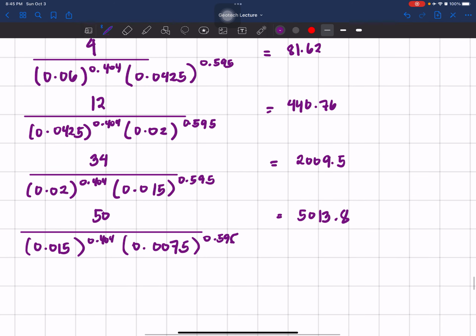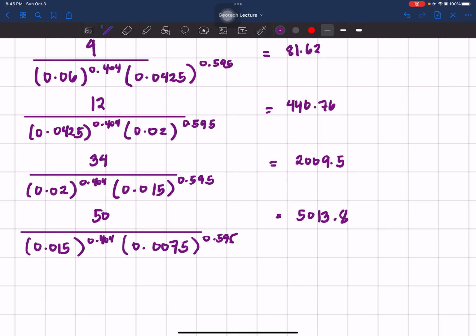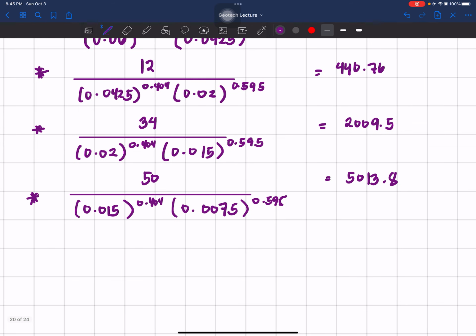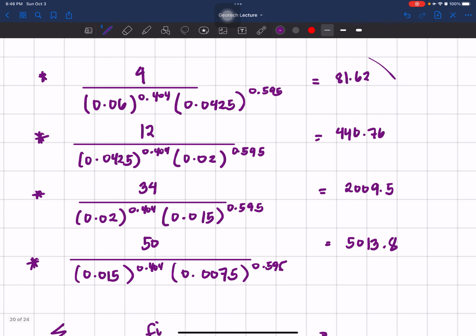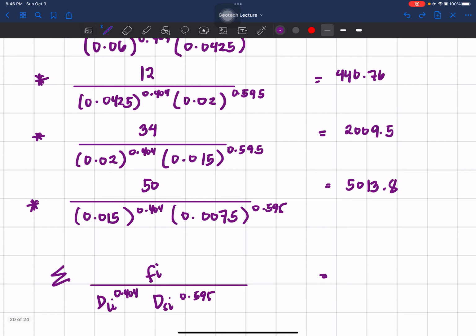Then, after natin makuha yung values, we need to get the sum. So, the summation now of Fi all over DLI raised to 0.404 multiplied by DSI raised to 0.595. Okay, kunin natin summation yan. So, add mo lang lahat ito, guys.